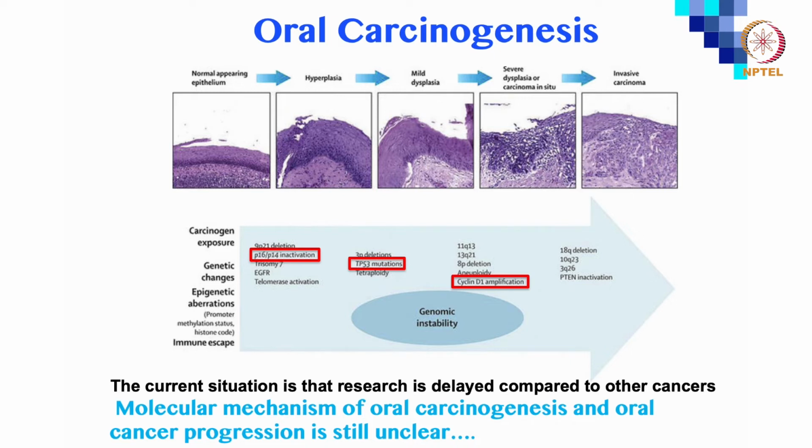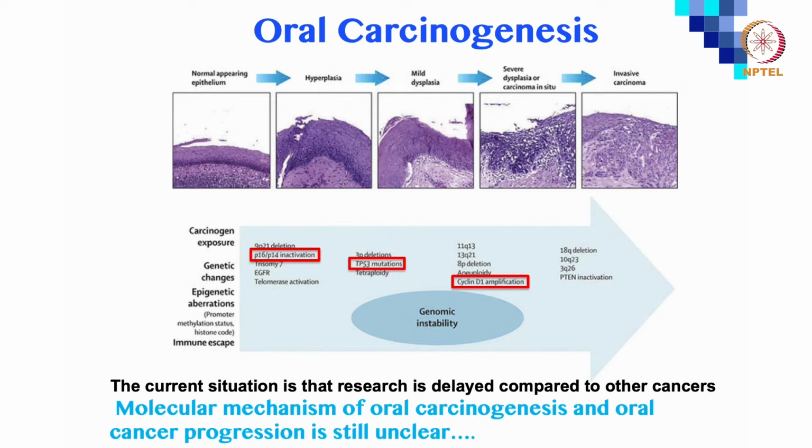During oral cancer development, alterations that have been studied to date include genetic and epigenetic changes. This slide shows the molecular alterations during oral cancer development.